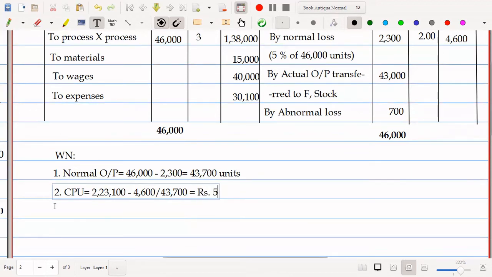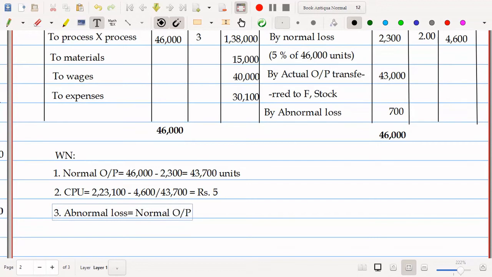Now the third working note, abnormal loss. Abnormal loss is equal to normal output minus actual output. So it comes to 43,700 minus 43,000.